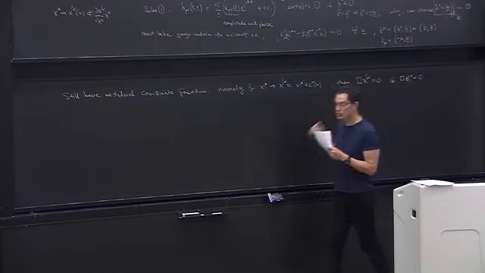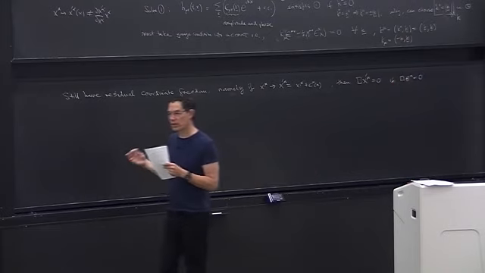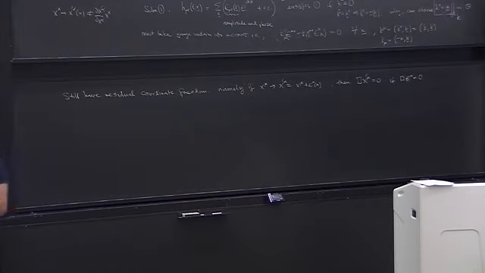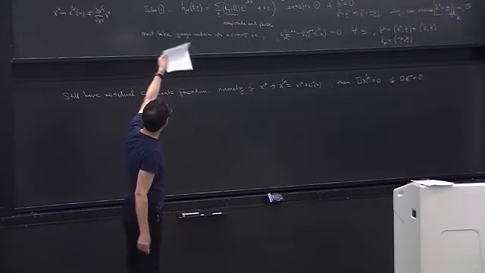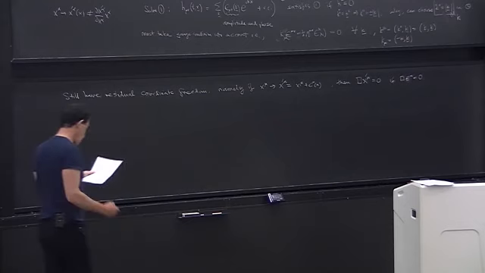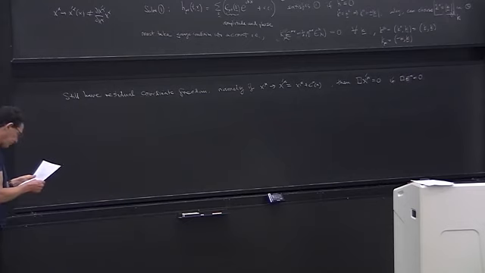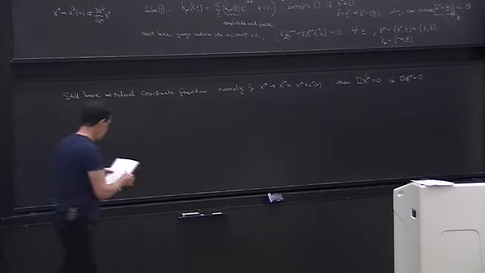So I'm still free to do coordinate transformations which are harmonic, namely the coordinate transformation satisfies the wave equation, and that will obviously preserve the gauge condition box x equals 0. We can see that explicitly.